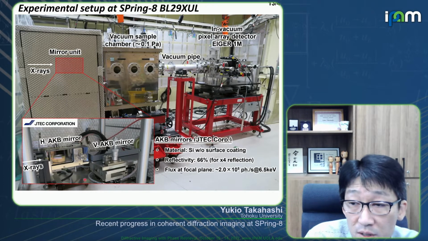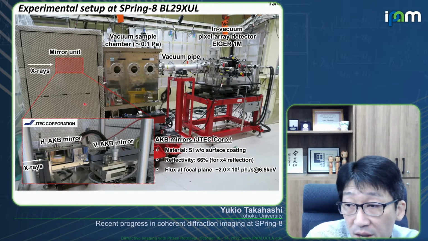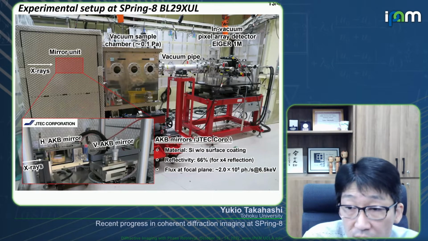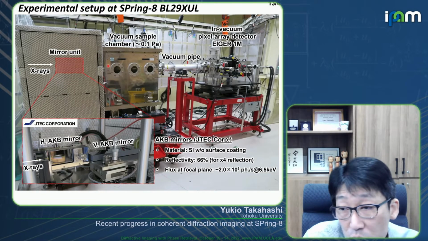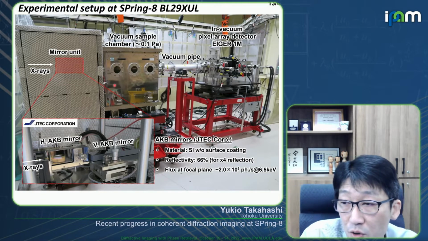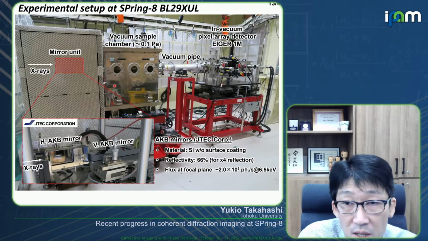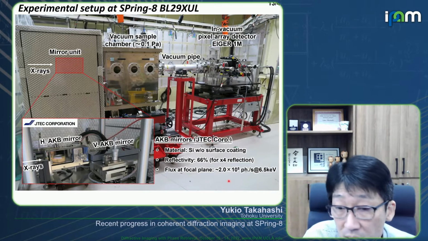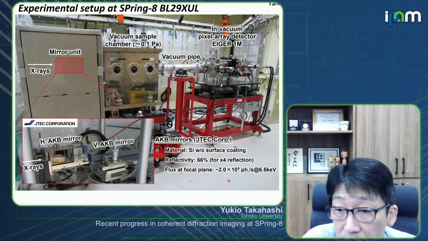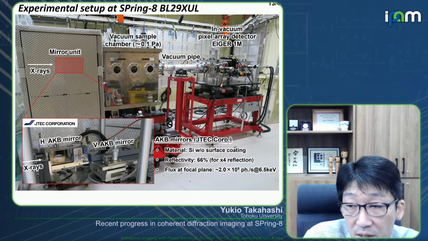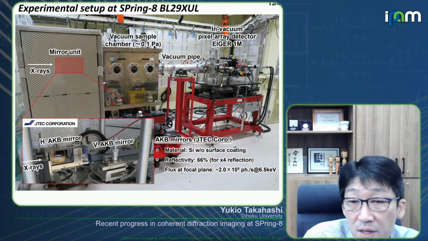This mirror unit chamber is purged with helium gas and located inside the heat insulator panel, and the mirror is installed here. The sample was placed in a vacuum chamber, and the flux at the sample position was 2 times 10 to the 8 photons per second at 6.5 keV. The diffraction pattern was collected by an Eiger 1M detector installed in the vacuum chamber here.